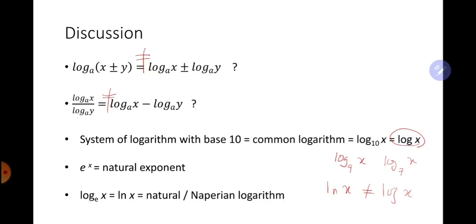So ln x has base e, the natural exponent. We can rewrite log x base e as ln of x. So remember, ln x is not the same as log x. Log x is base 10, and this one is base e.